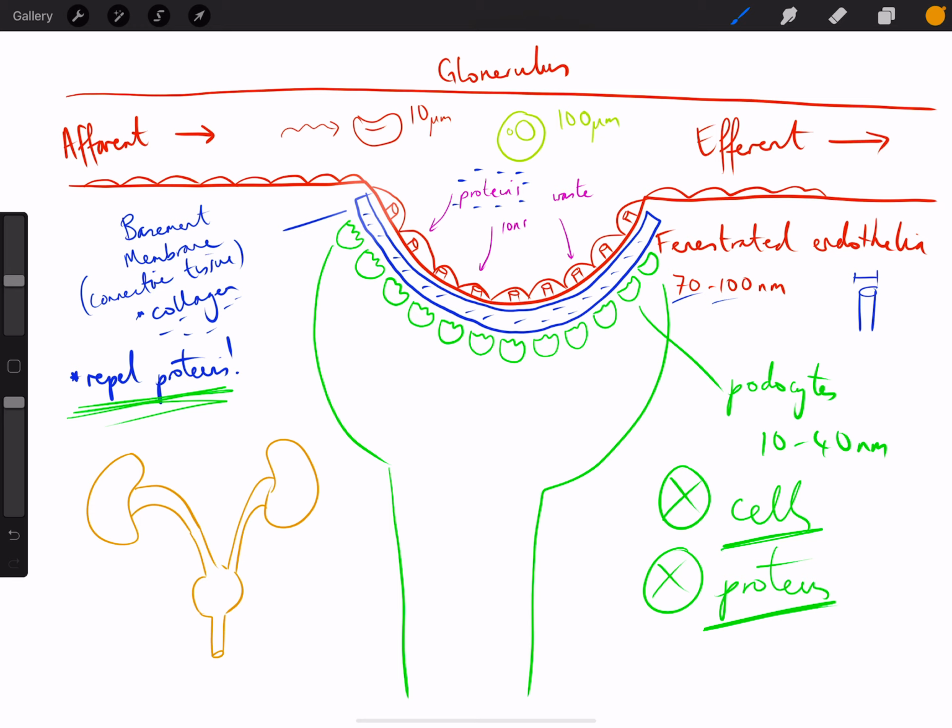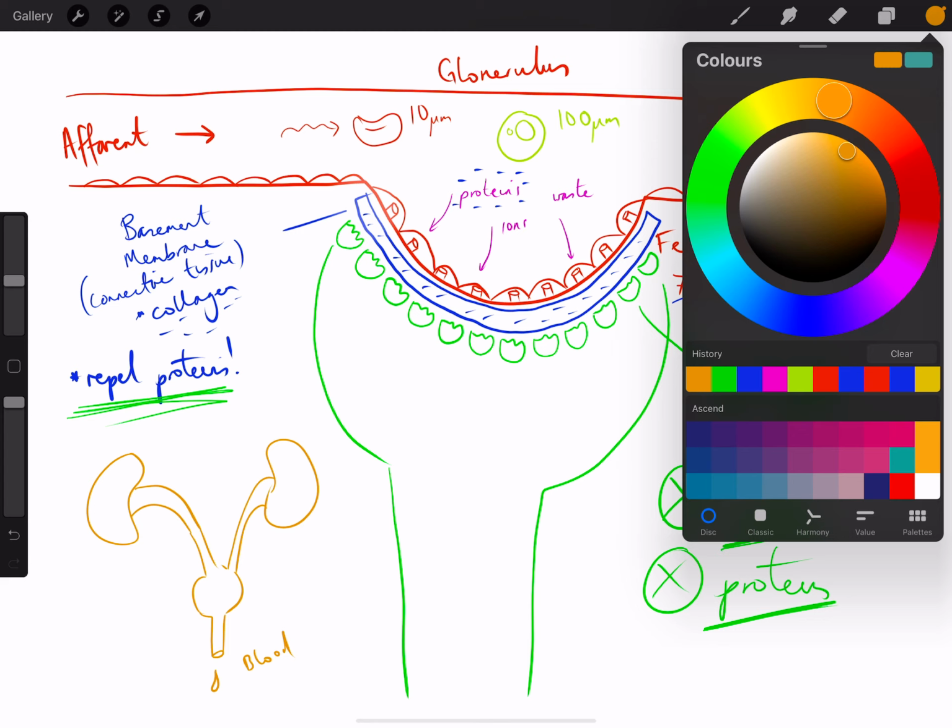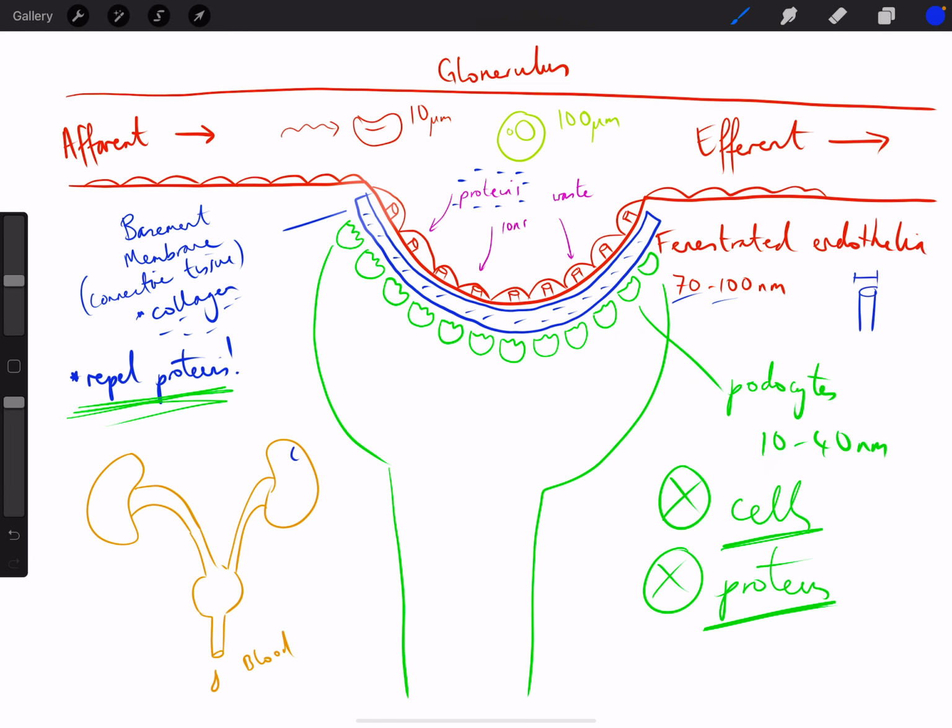So let's just say you peed out and there was blood in it. Is that telling you that there's damage to these membranes? The answer is not necessarily, because all this stuff here is happening in here, right? This is where all those nephrons are, and they empty out into here.